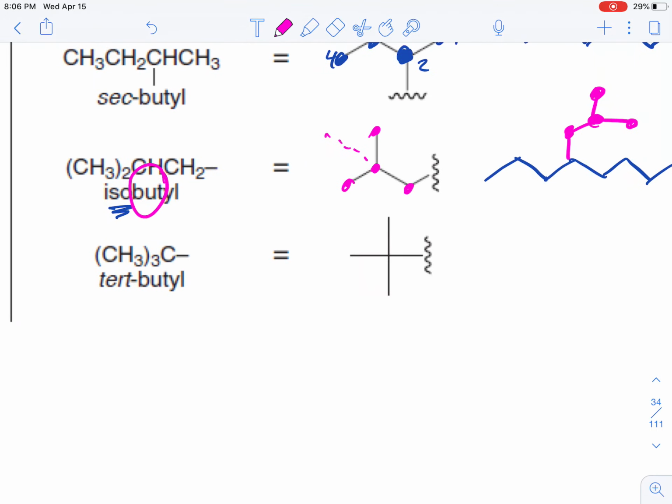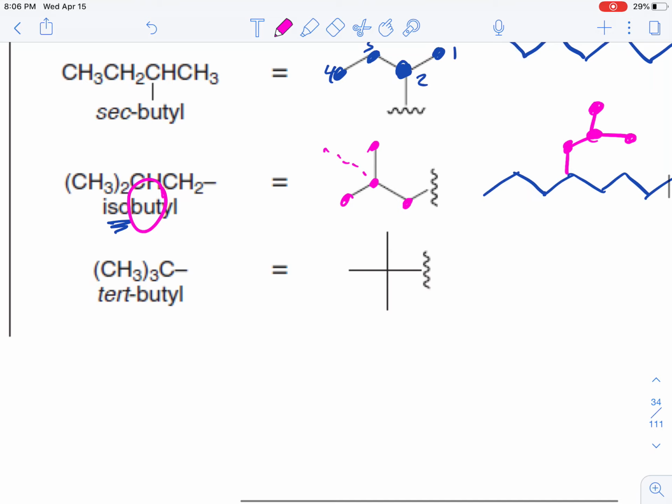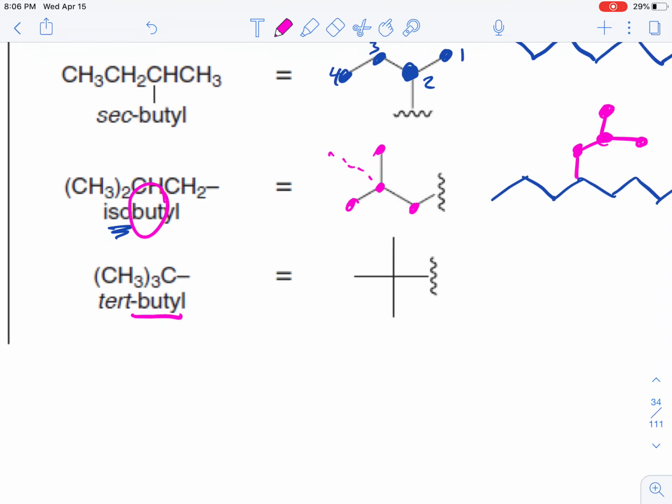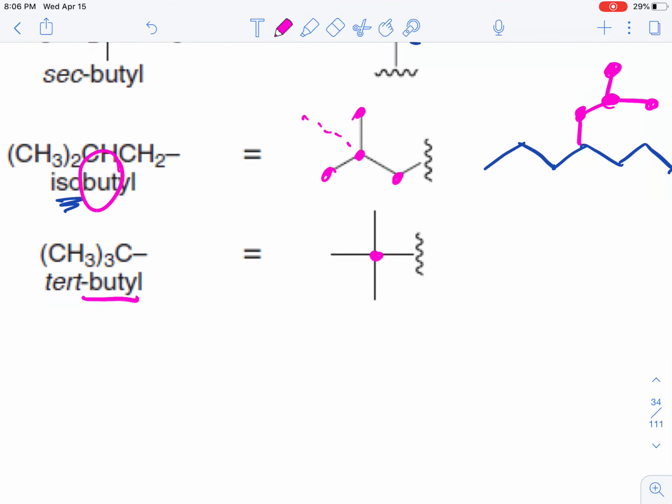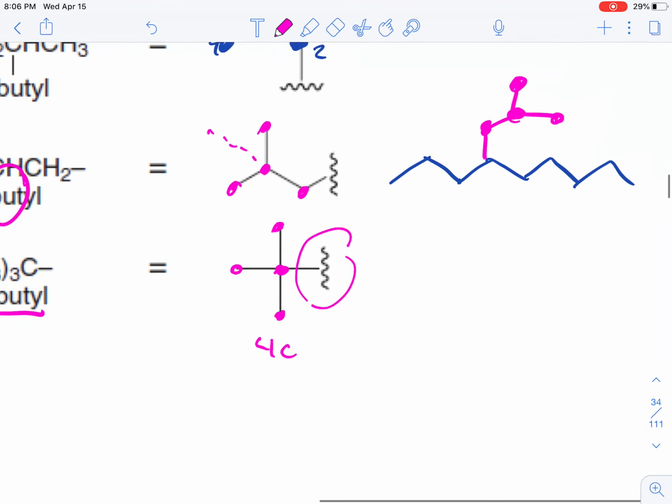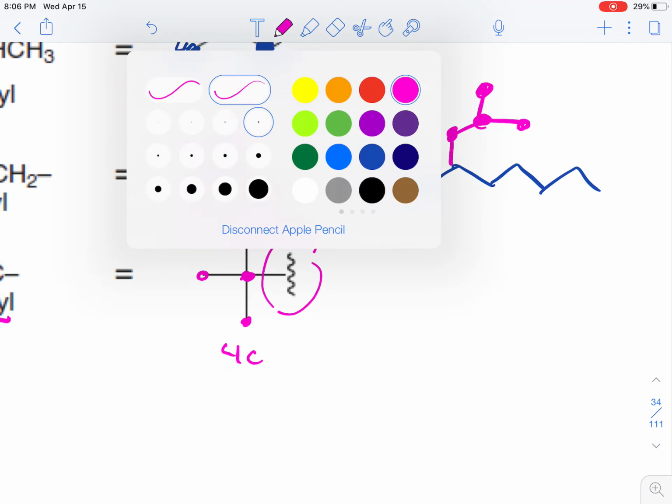Last but not least, there's another way to arrange 4 carbons, and that is known as Tert-Butyl. Once again, if you count the number of carbons, there's 1, 2, 3, 4 carbons. And the squiggly line is telling us that this substituent is going to be attached to a parent chain.